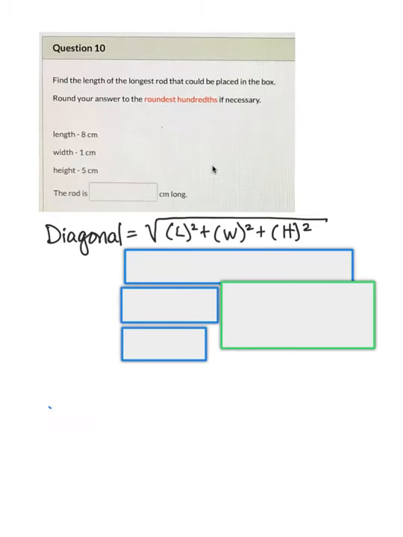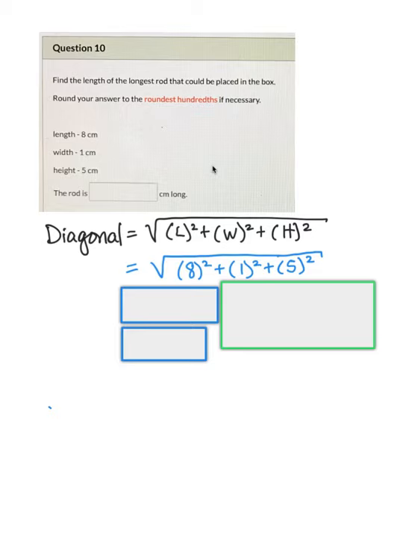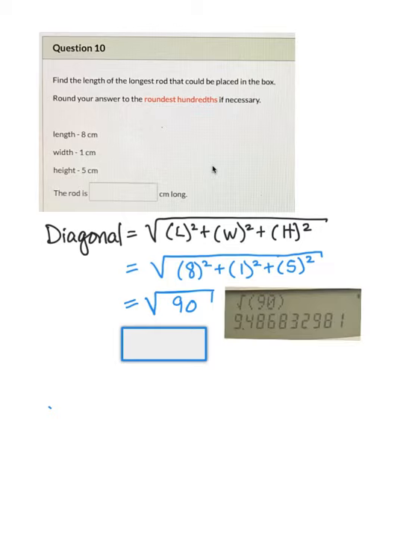Number 10 is like number 9. Again, if you really think about it, trying to put the longest rod inside a box, it is that diagonal. So we have that length squared plus width squared plus height squared. Put those numbers in. So we're going to have 8 squared plus 1 squared plus 5 squared. Add those together is 90. We're taking the square root of 90. Stick it in your calculator. We have something like this.